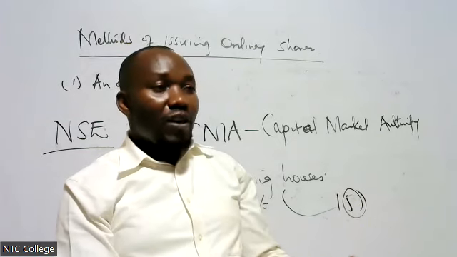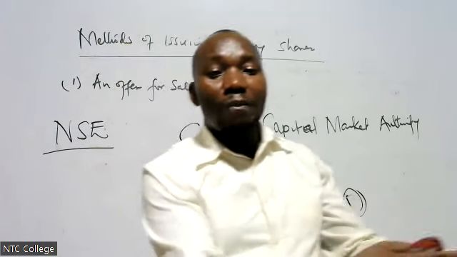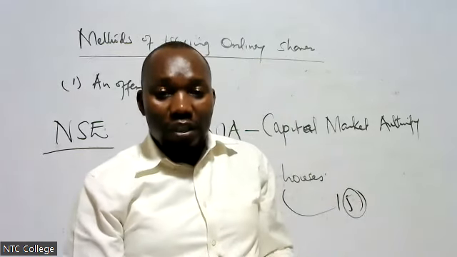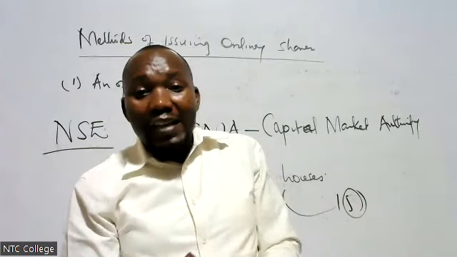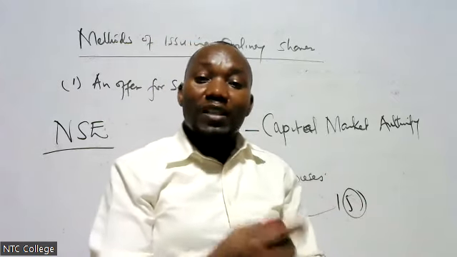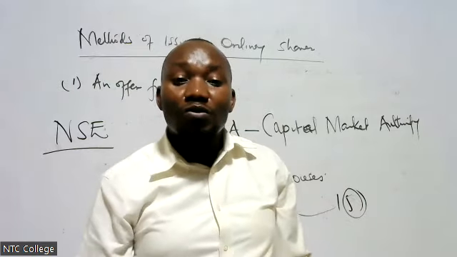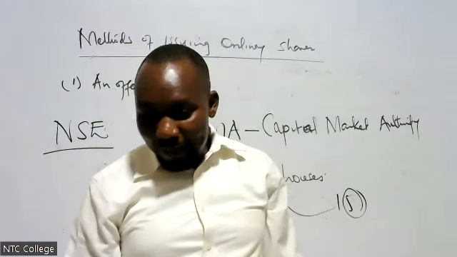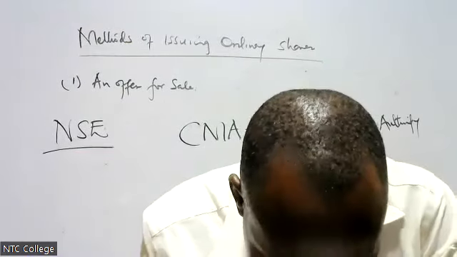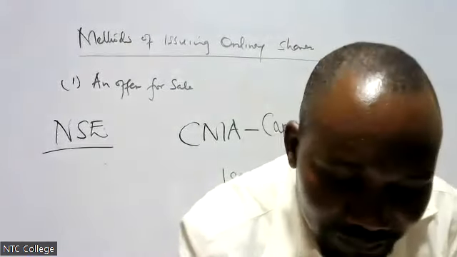So we can give that prospectus to people in the public. They look at it and they get convinced to come and buy our shares. If somebody lies in the prospectus, it means you are attracting people to come and buy false things. So we are saying that the company issues a prospectus.